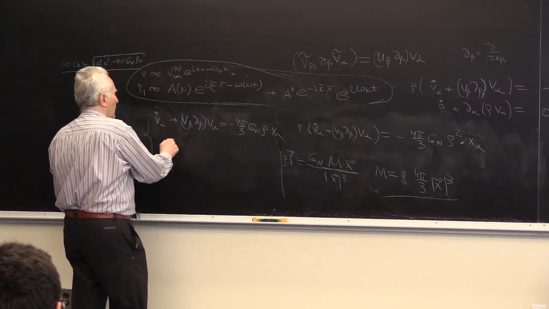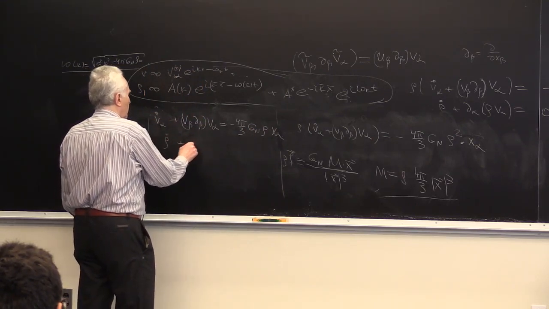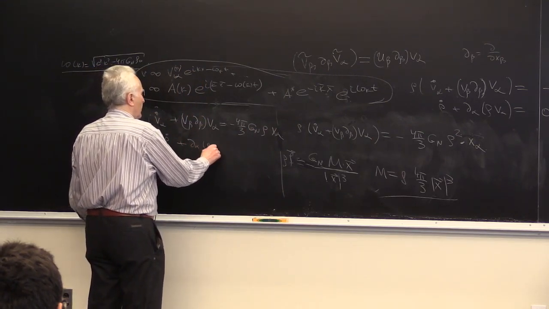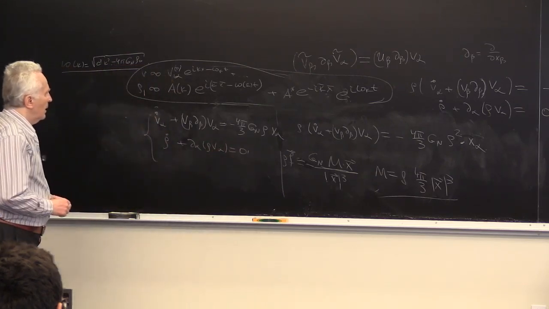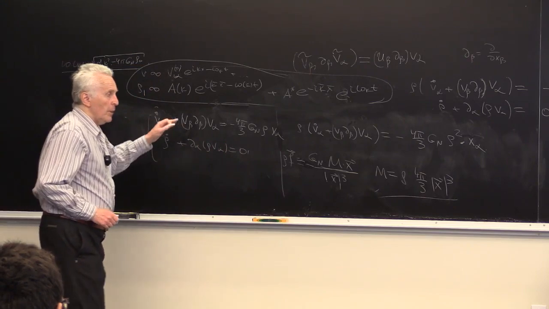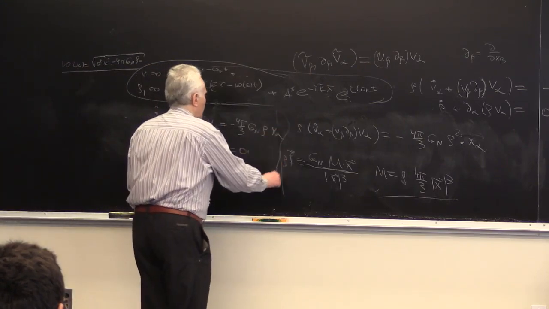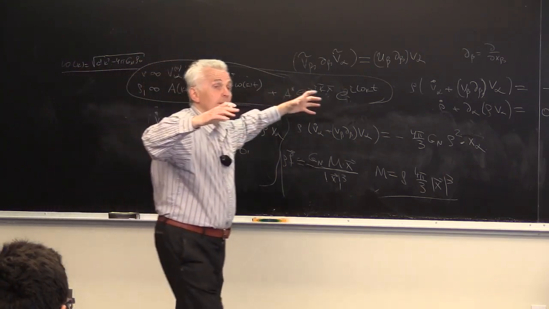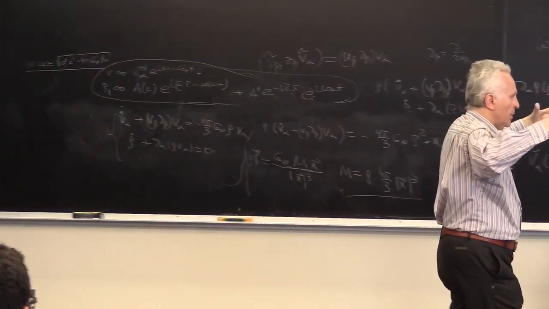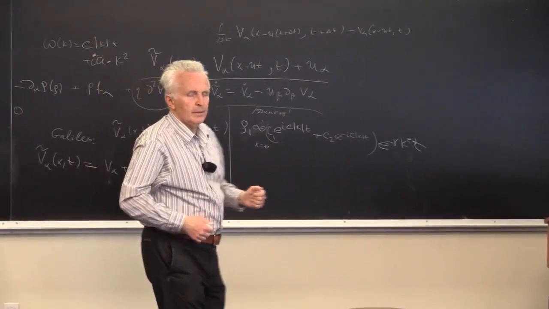And rho dot plus d alpha rho v alpha is equal to 0. So we have this system of equations describing the expanding ball of dust, which, however, self-gravitates.